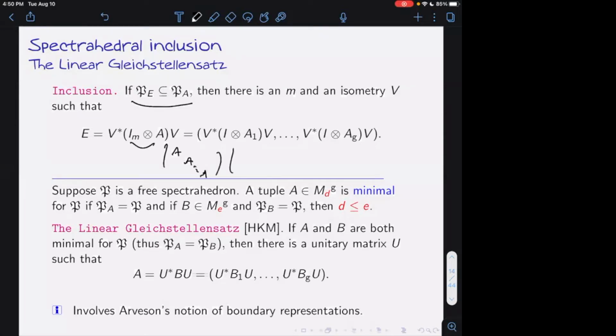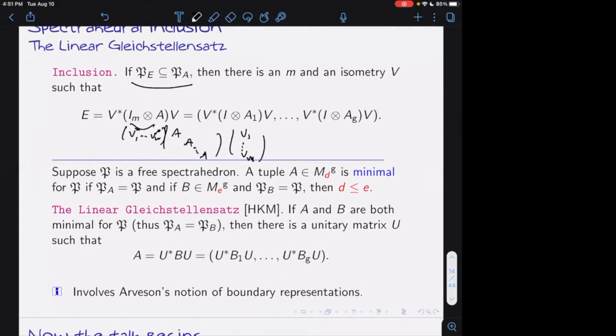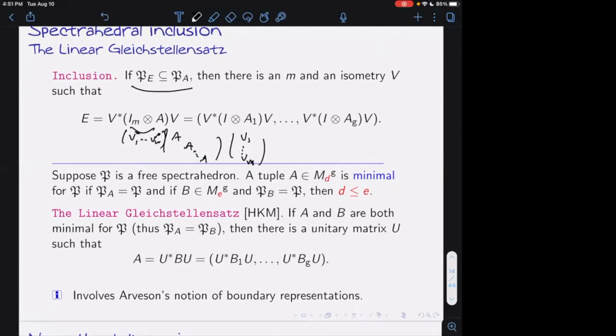And then the V, you could of course arrange the V to look like so. Okay, and then writing it this way, the V's are the Kraus operators or something like that in quantum information theory. So that is just standard theory of completely positive maps.